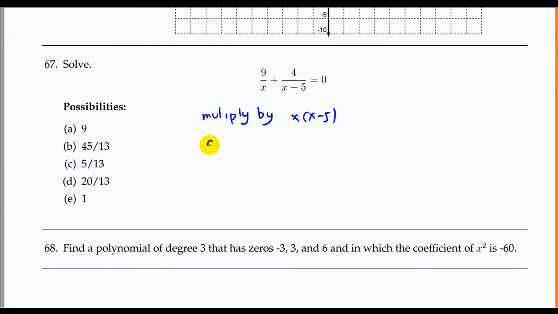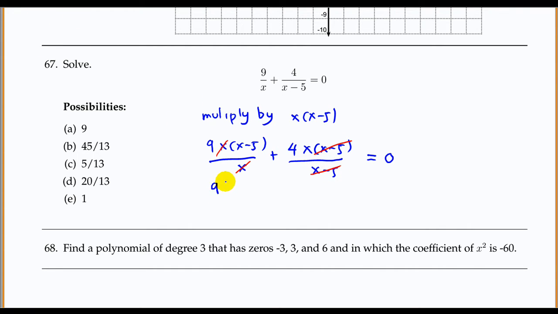We have 9x times (x minus 5) over x plus 4x times (x minus 5) over (x minus 5), and the right hand side is still equal to 0 because 0 times that is still equal to 0. And here we can cancel out the x and also the x minus 5.